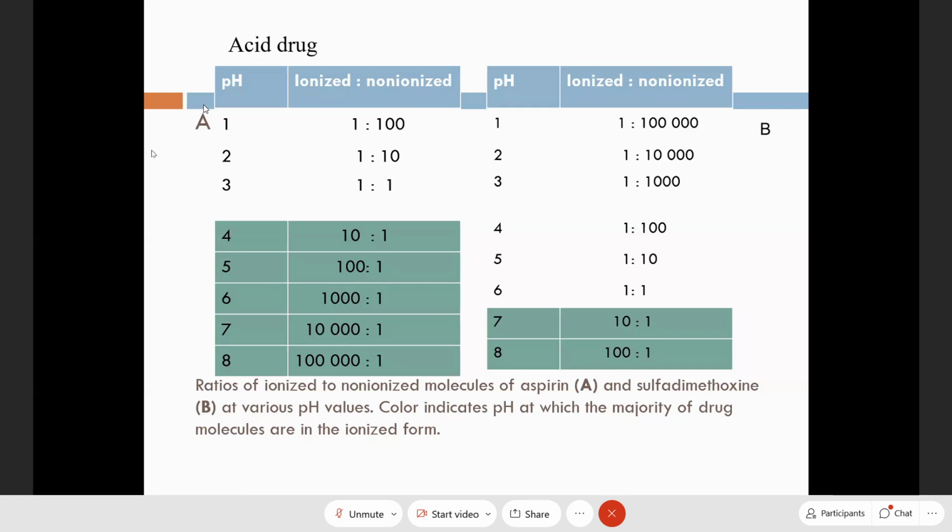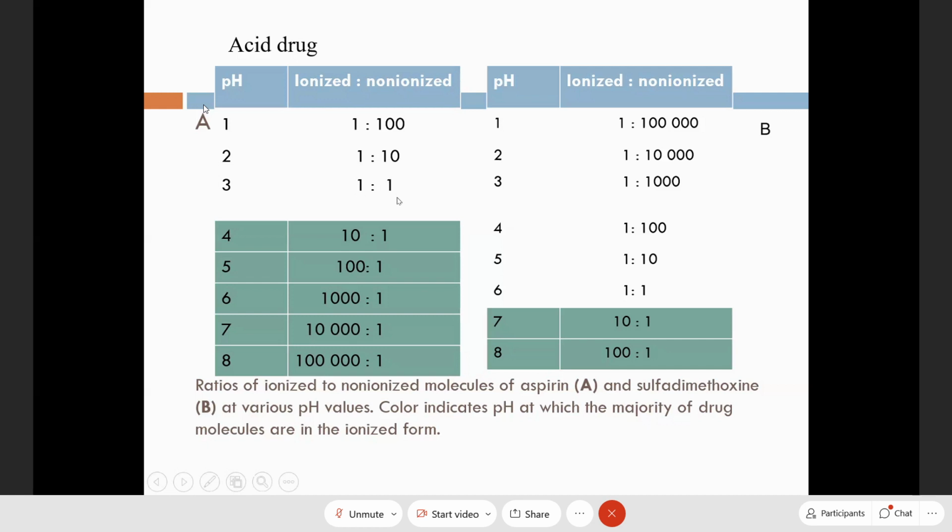So what is the drug's pKa? 3. Okay, good. So pKa is 3. Why 3?